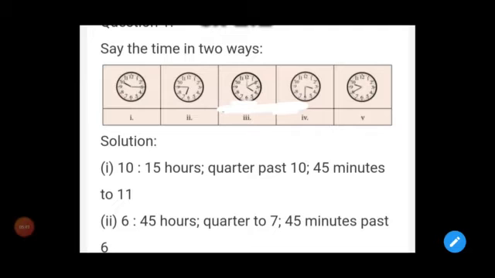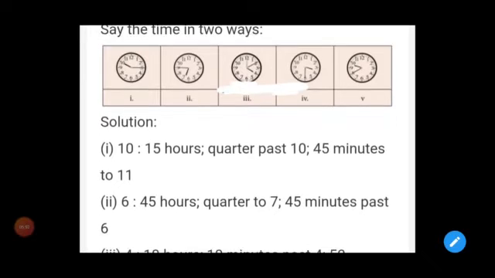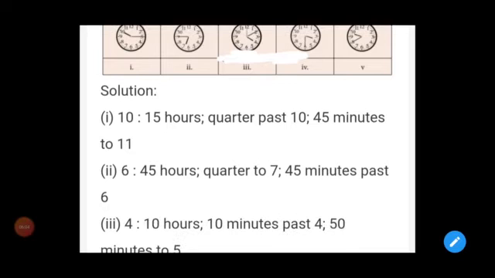In second subdivision, 6:45 hours it is, or else it will be quarter to 7. To move to 7, it has 15 minutes. So quarter to 7, or else 45 minutes past 6. Third subdivision, 4:10 hours, or else 10 minutes past 4, or 50 minutes to 5.